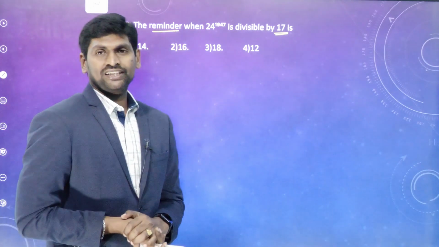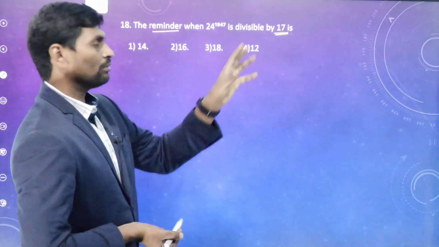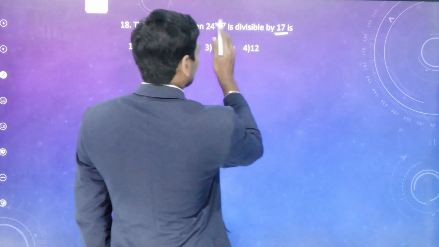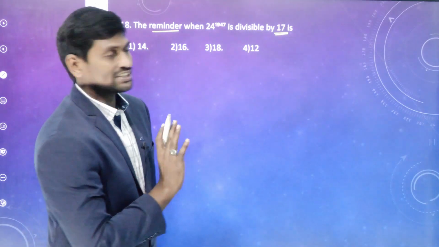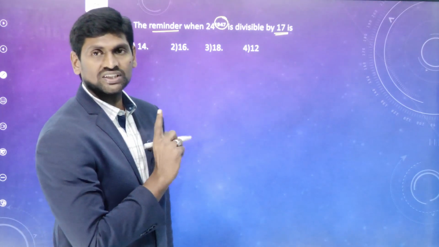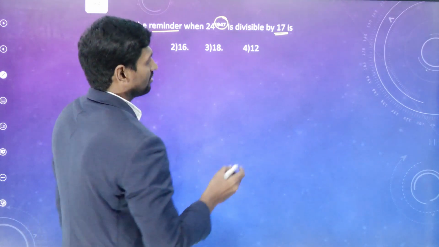The remainder when 24 power 1947 is divided by 17. Before that, let us leave the exponential form 1947 for some time. Without that, what is the number here? 24.